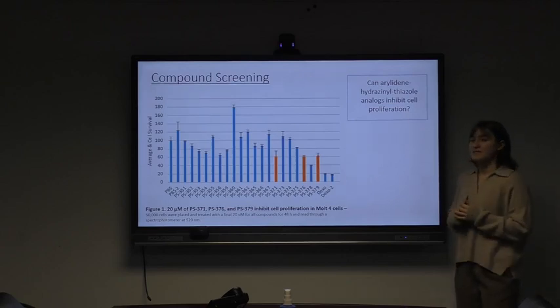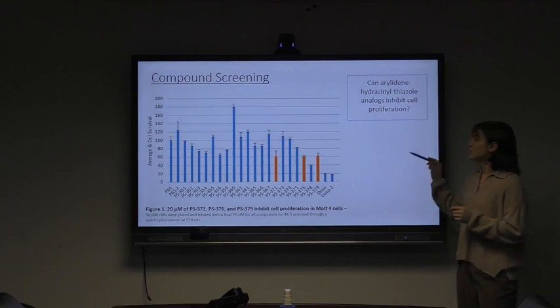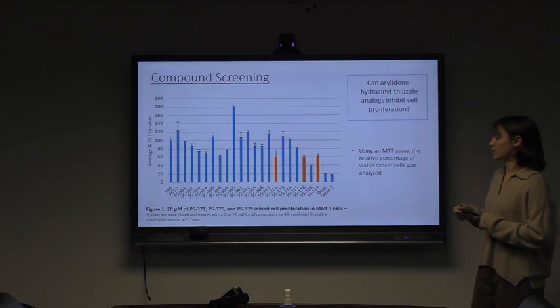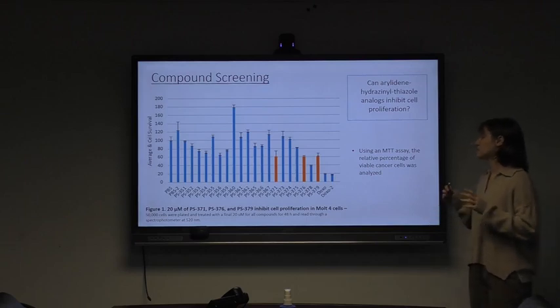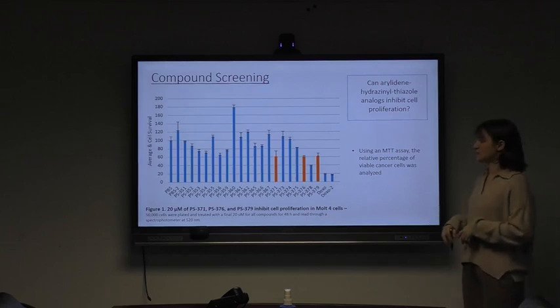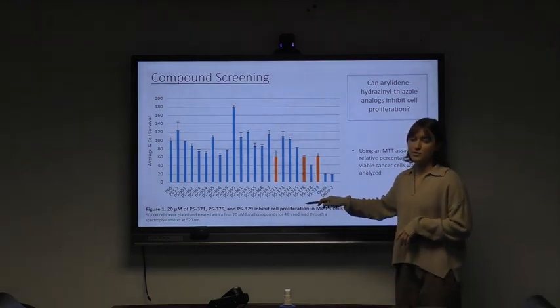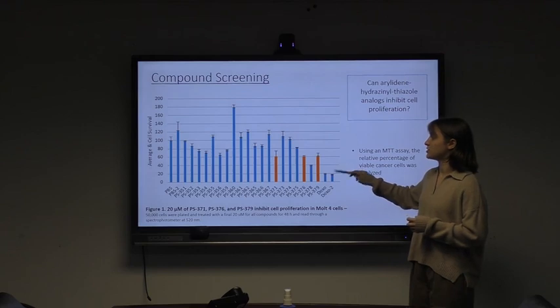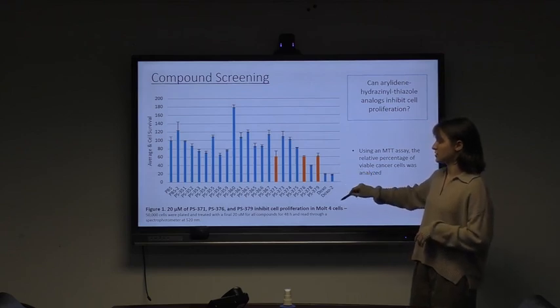So we're using an MTT assay, which is a colorimetric assay. Next please. The product we will be observing will show us the relative percentage of viable cancer cells. After we treat our cells, we are going to observe the absorbance levels through our spectrophotometer.